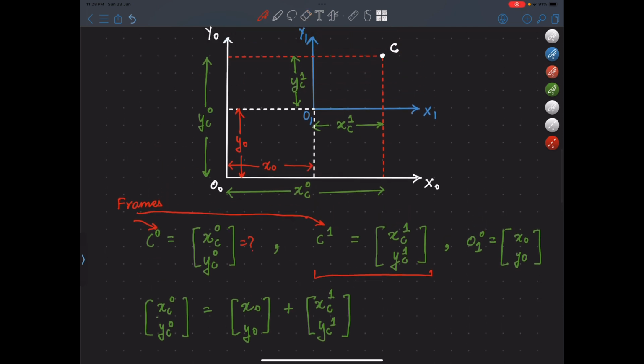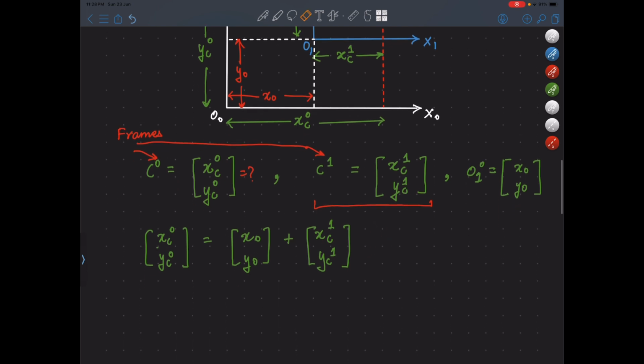How is this correct? You can see that xc0 is equal to x0 plus xc1, right? Similarly in the case of y, yc0 is equal to y0 plus yc1, correct? So this is how we got this relation.